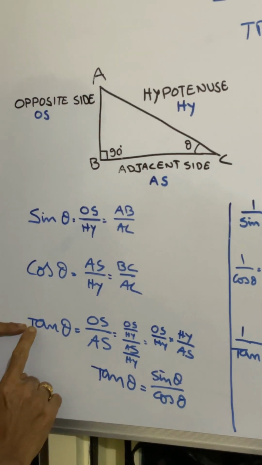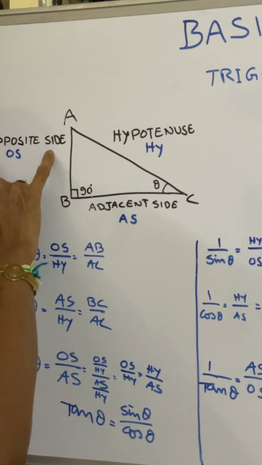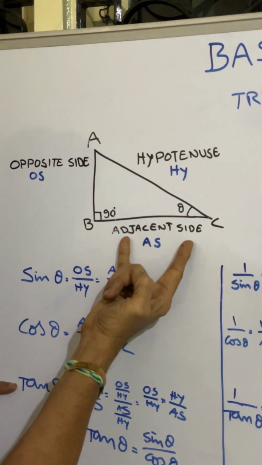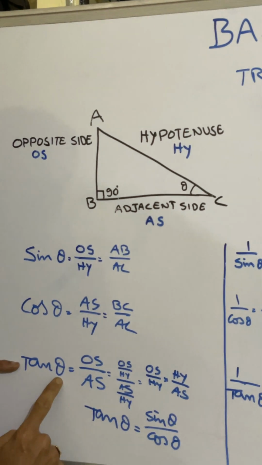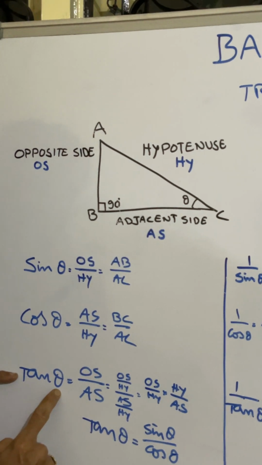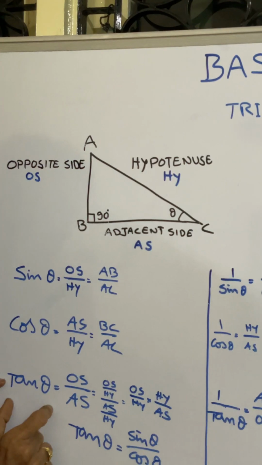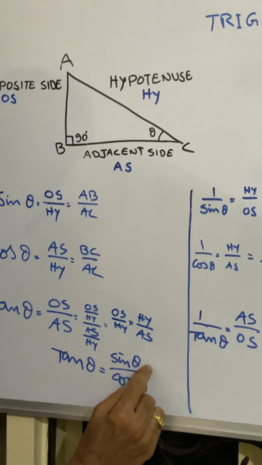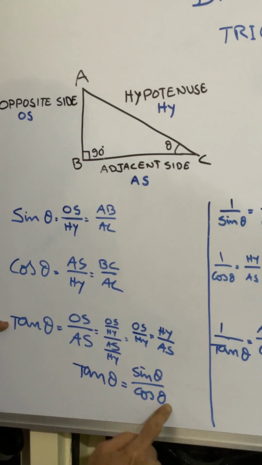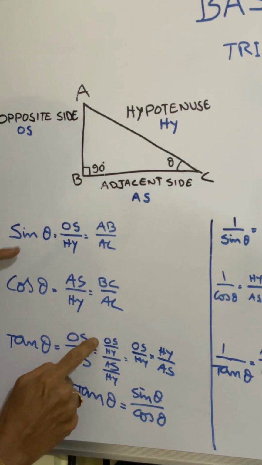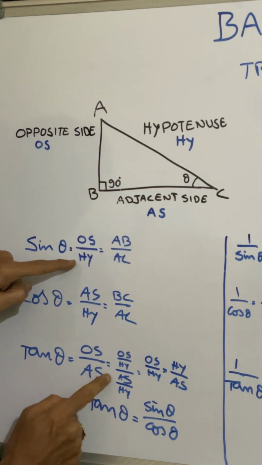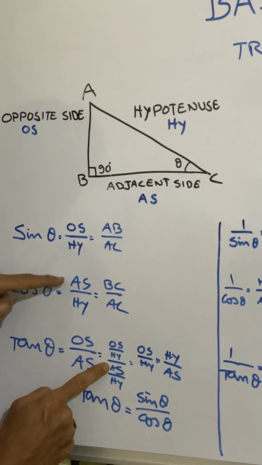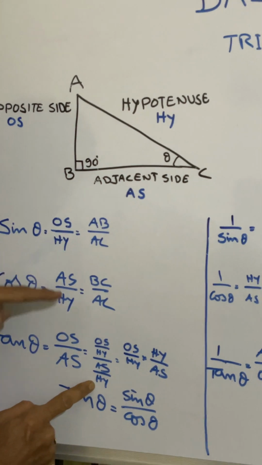Next, if you take the opposite side and adjacent side, the ratio of this is tagged as tan theta. We can also write it as sin theta by cos theta. Sin theta is opposite side by hypotenuse, cos theta is adjacent side by hypotenuse.